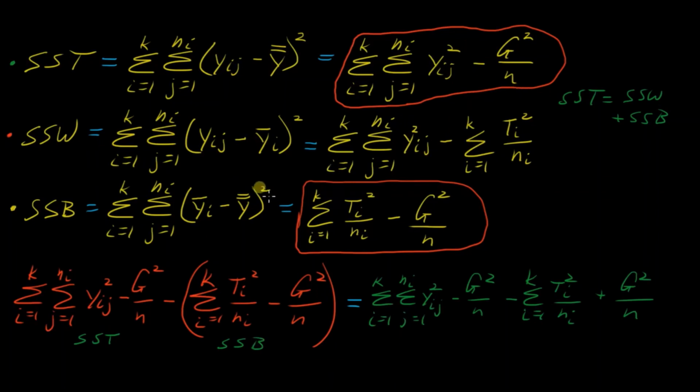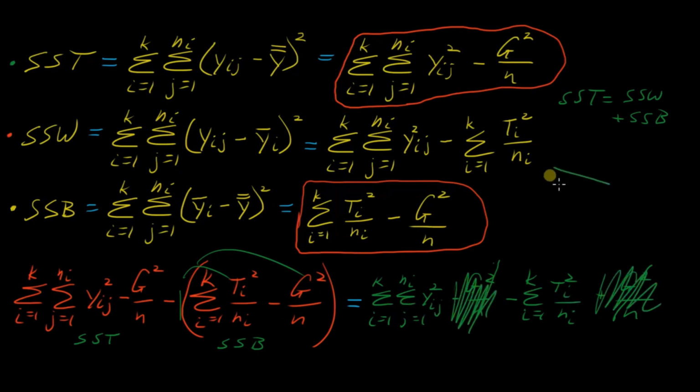So that's all I've done here. I took this, wrote it here, took this, subtracted it here, distributed, so you can think of that as a negative 1 if you want. We distribute that negative over the parenthesis, and then this is what you get. But then G squared over N minus G squared over N, those cancel out, so those are gone, and the only thing that you have left is what we've got right here.